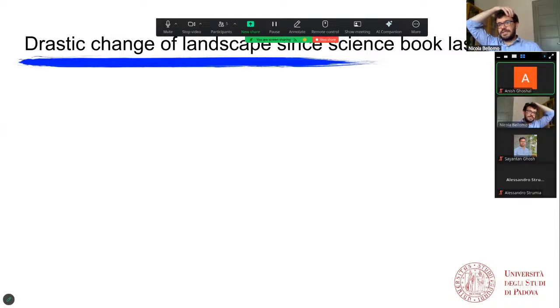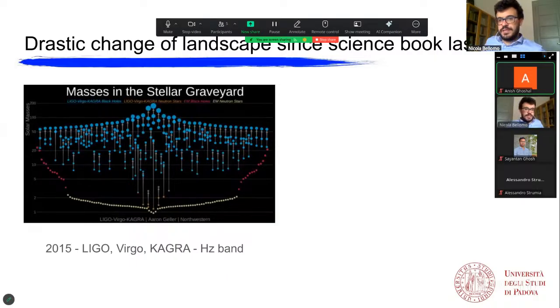Let me start from what I already anticipated before, which is the drastic change that happened in the past 10 years. In particular for gravitational waves, we had two major observations. The first one, in 2015 and following from there onward, is the detection of gravitational waves in the Earth's kilohertz band.